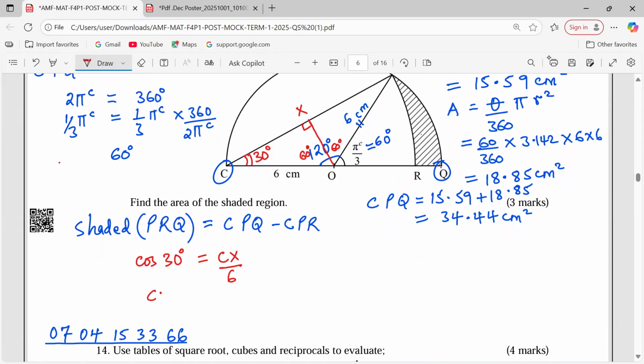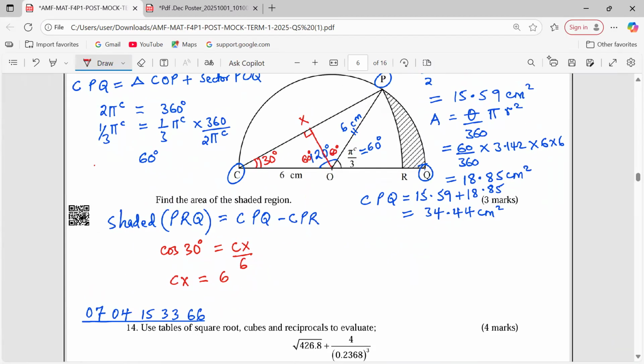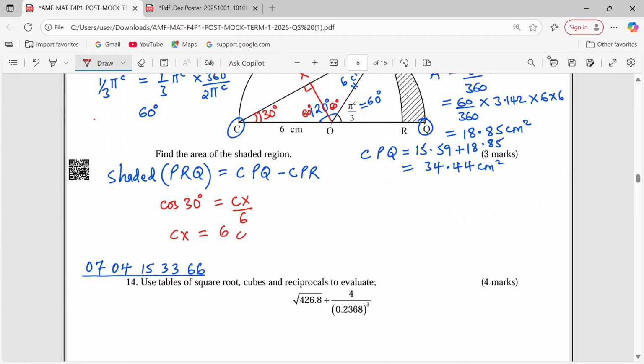So for me to get CX, I need to multiply 6 by the cosine of 30. Let me compute that. 6 cos 30 gives us 5.196 centimeters.